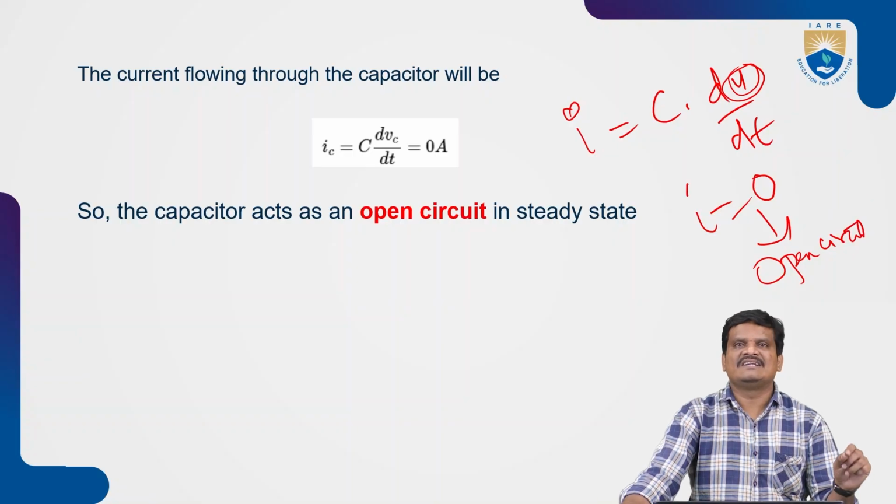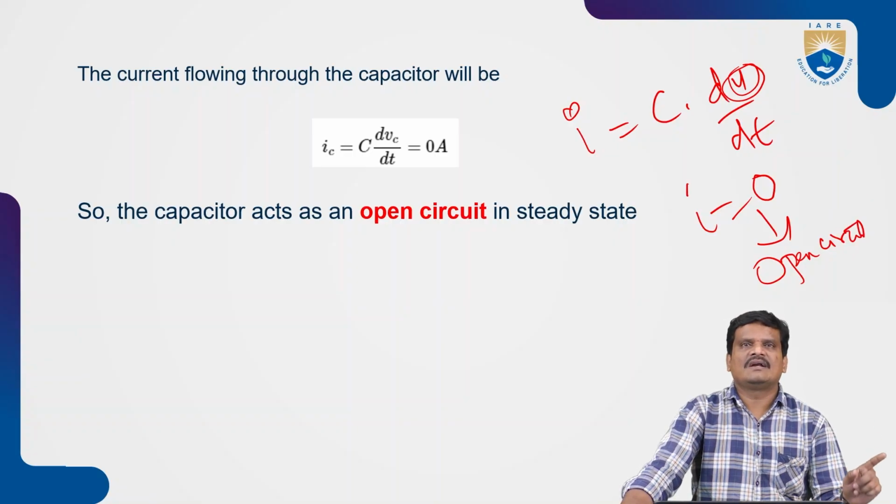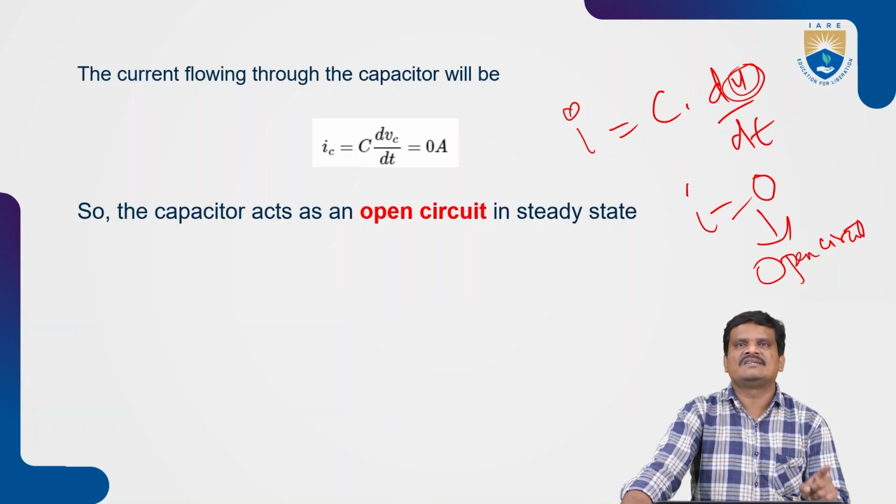So under steady state condition, inductor will behave as a constant current source and should be replaced by a short circuited element in the circuit. Capacitor will behave as a constant voltage source and should be replaced by an open circuit under steady state condition.